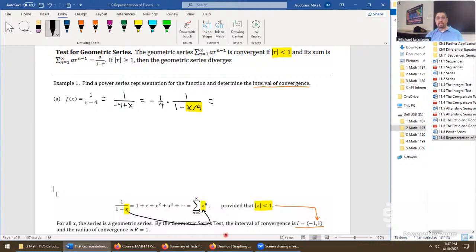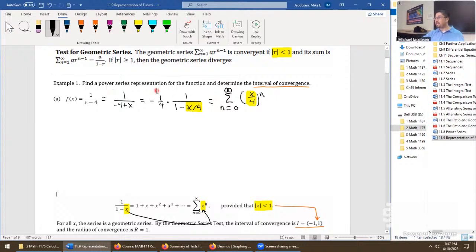So let's do that right away. This becomes a summation from 0 up to infinity of take everything to the right of the negative sign, which is exactly what we did here in this formula. This is going to be x divided by 4 to power n. And I did forget one thing.